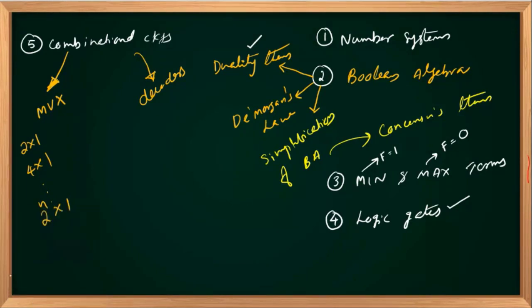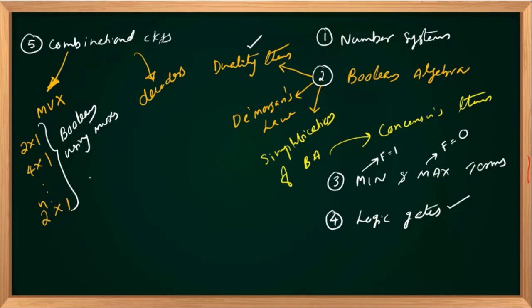Also, we will be discussing how to implement Boolean functions using a multiplexer. Implementation of Boolean functions using multiplexers. Also, how to implement a higher order multiplexer using lower order multiplexers.